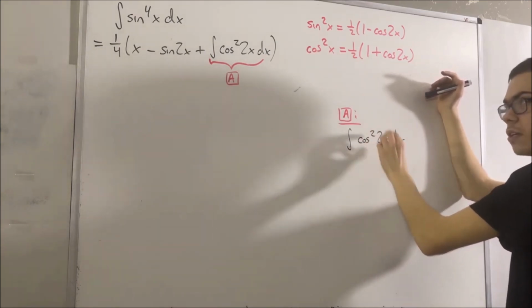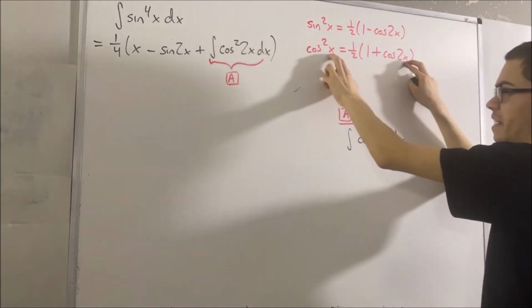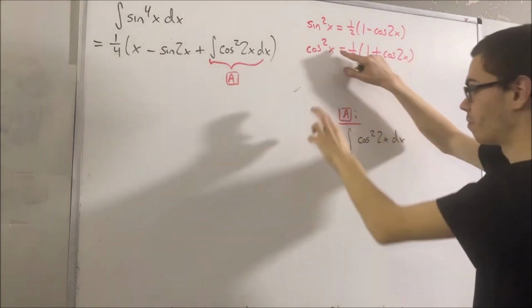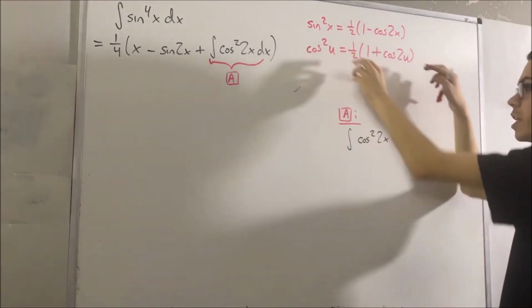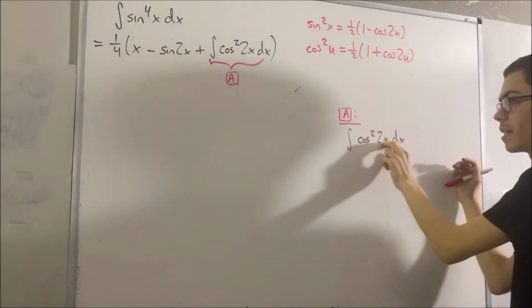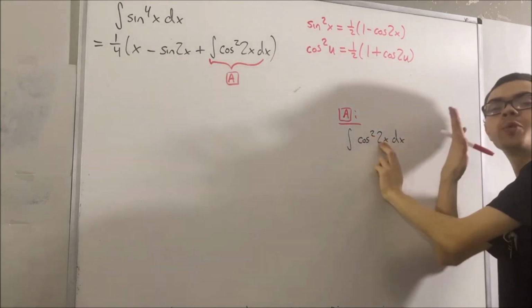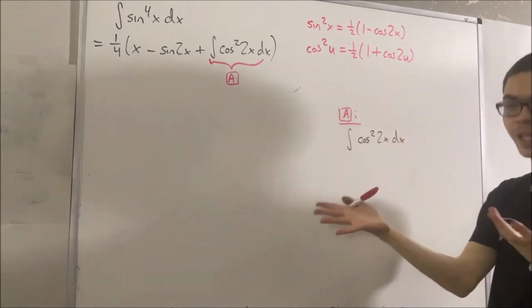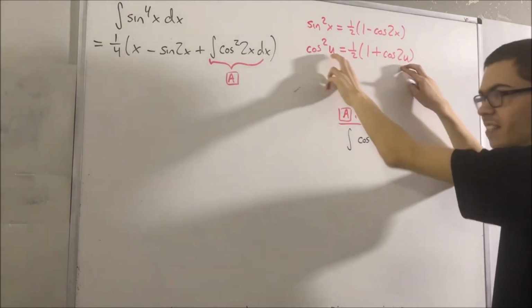Now, notice it's not immediately applicable because this says cosine squared of x, this says cosine squared of 2x, right? But instead, let's replace x with u. The reason why I have u is because you can think of cosine squared of 2x as though it says cosine squared of u, where u equals 2x. So really, all I'm going to do is replace u with 2x.